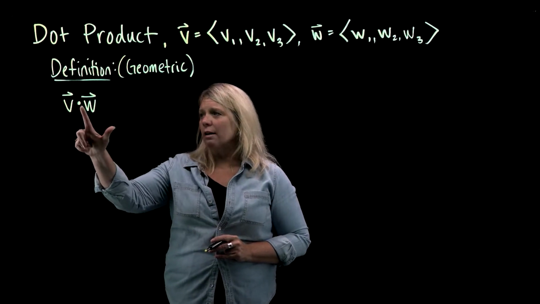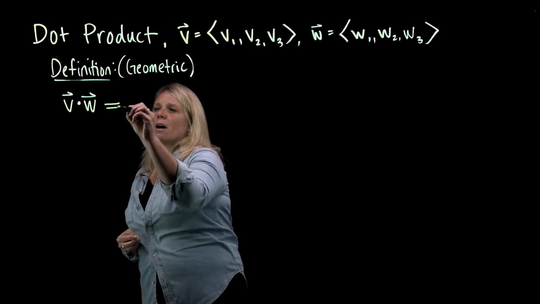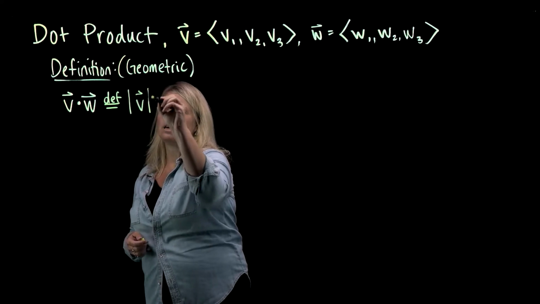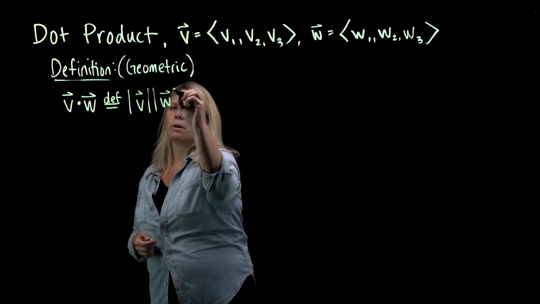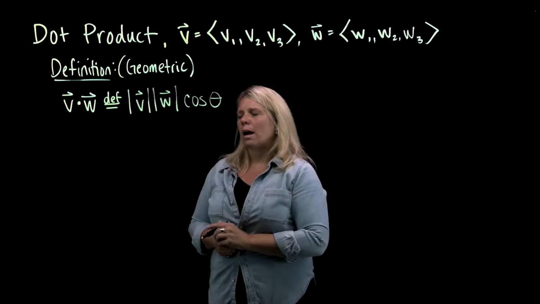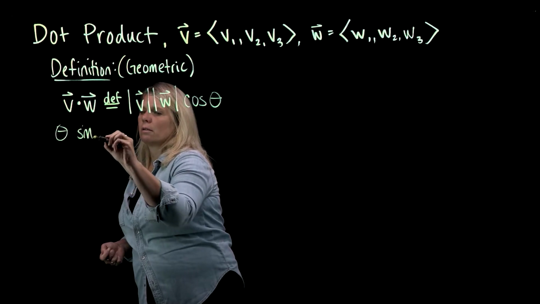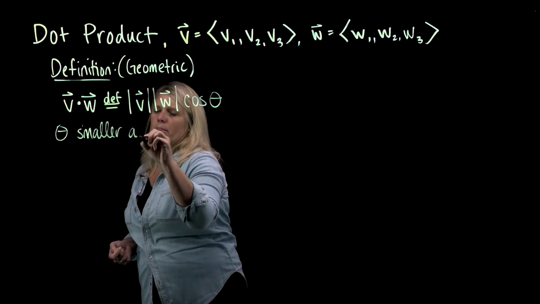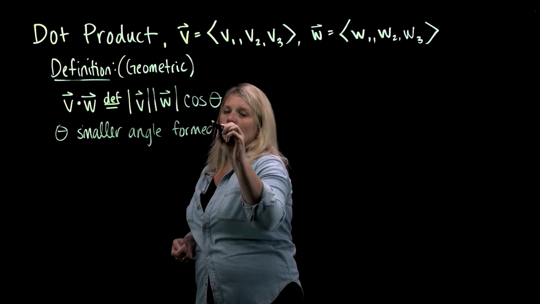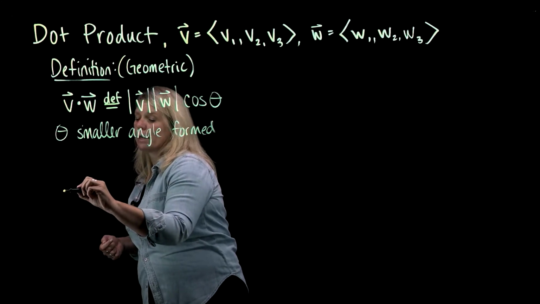So a dot product, v dot w, is how you would read that, and that is defined to be magnitude of v times magnitude of w times cosine of theta, where theta is the smaller angle formed when v and w share a common endpoint, or a common initial point.